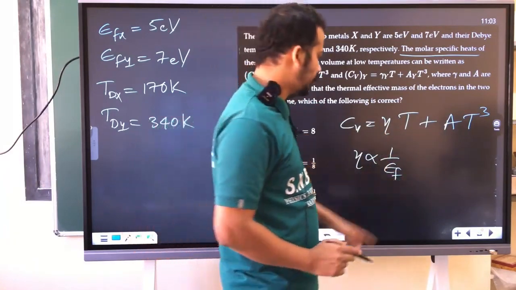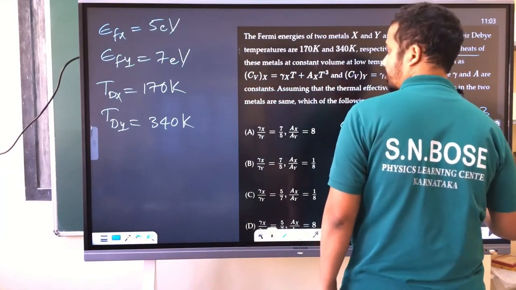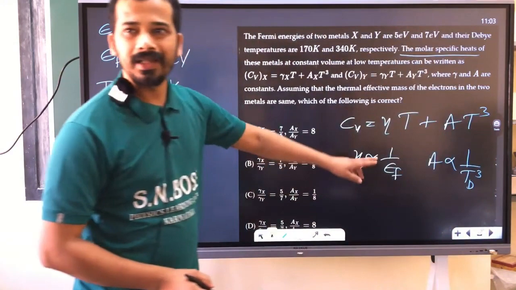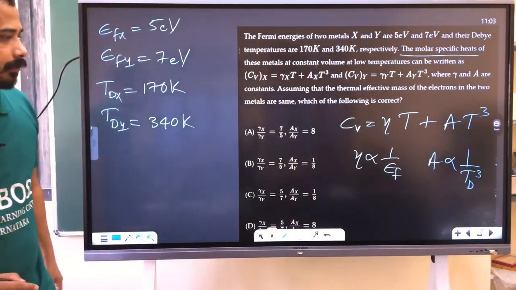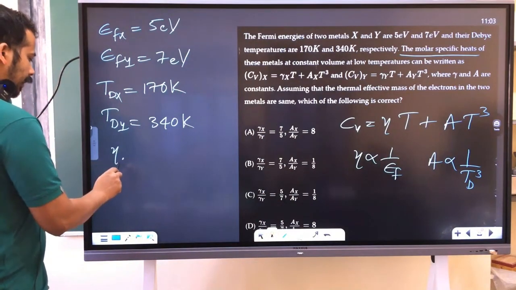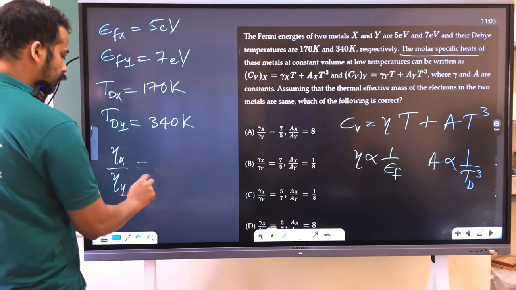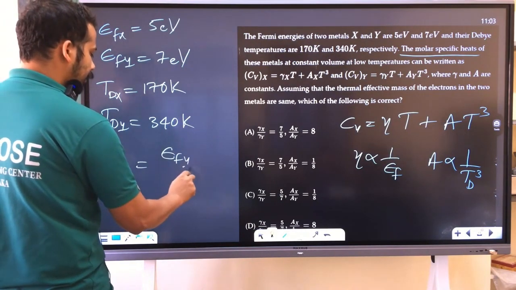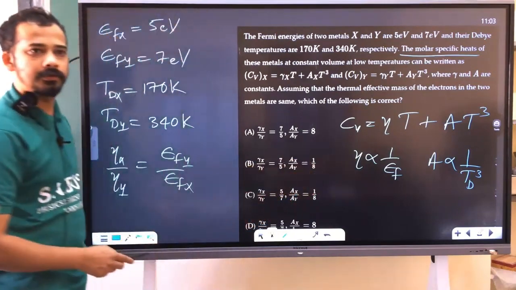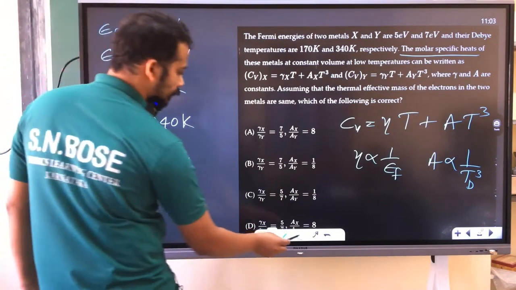That coefficient is inversely proportional to EF, this coefficient inversely proportional to TD cube, am I right? Debye temperature, I'll write TD, not theta D. So what he is asking then is gammaX divided by gammaY, and that's equal to EFY divided by EFX, because that is inversely related. Very simple question.